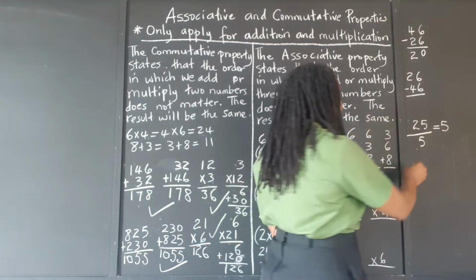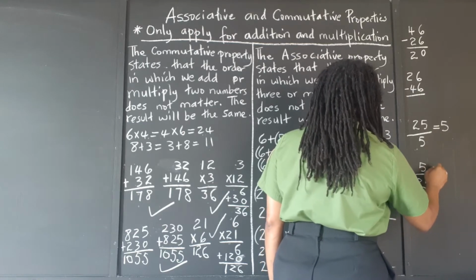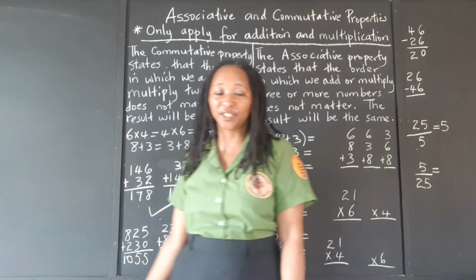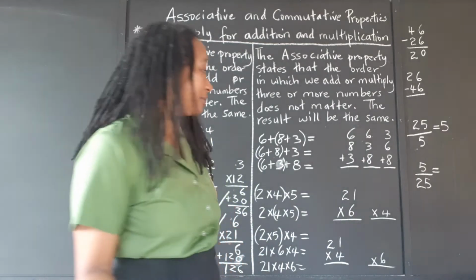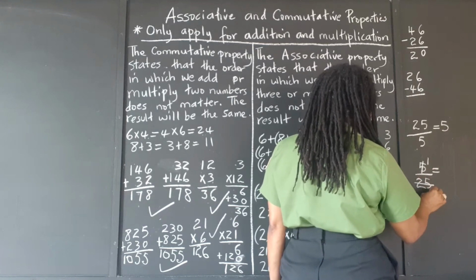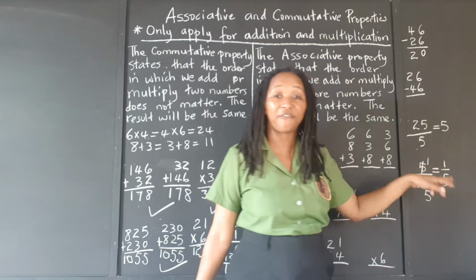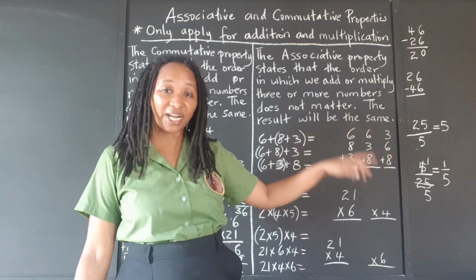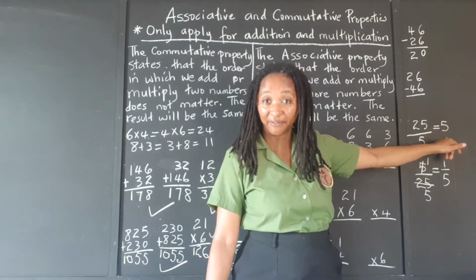Suppose we divided 5 by 25. What would that answer be? We'd actually get a fraction. We would end up with 1/5, which is a fraction, a completely different number from 5.